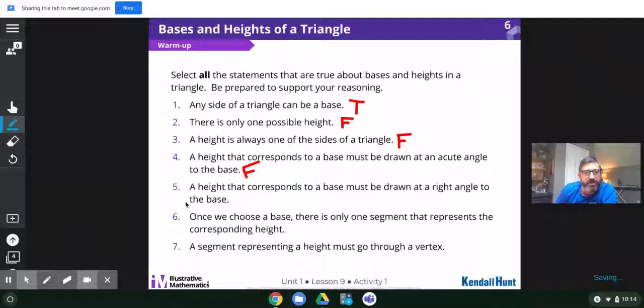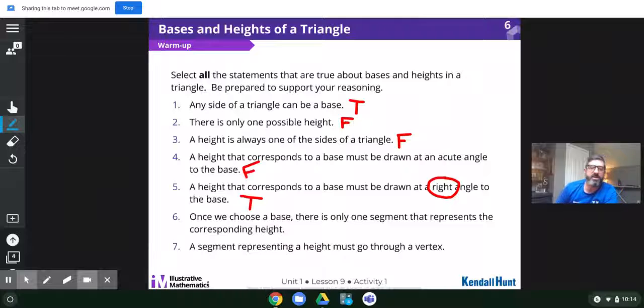So number 5 here says, a height that corresponds to a base must be drawn at a right angle to the base. So is that true? Yes, that is true. Correct. All right, number 6, once we choose a base, there is only one segment that represents the corresponding height.